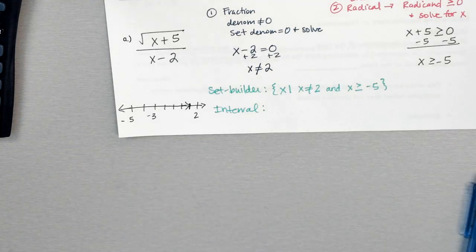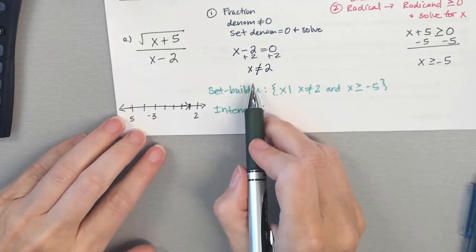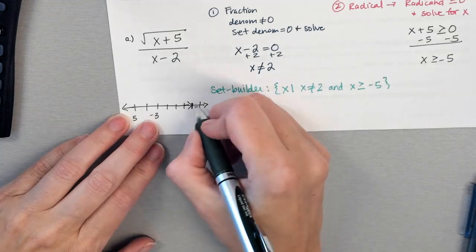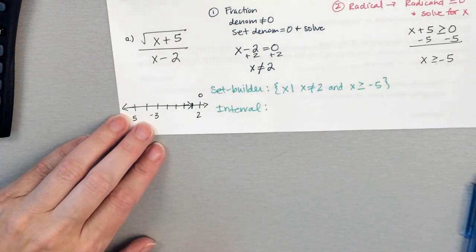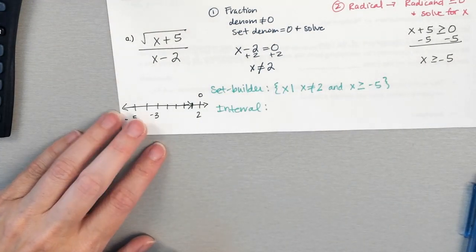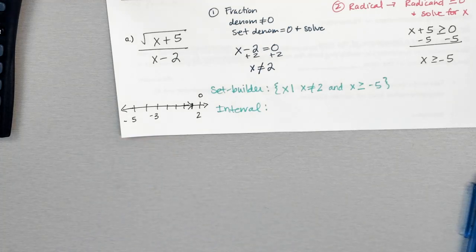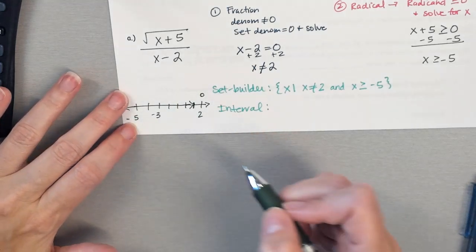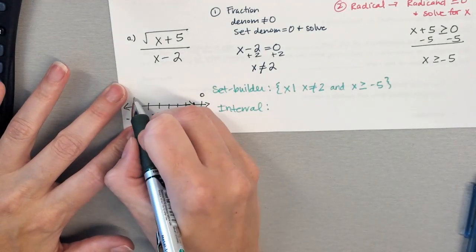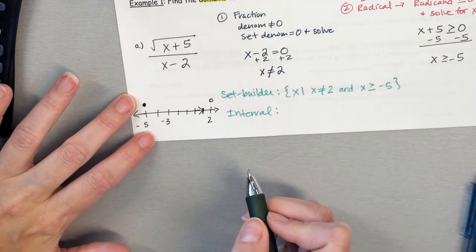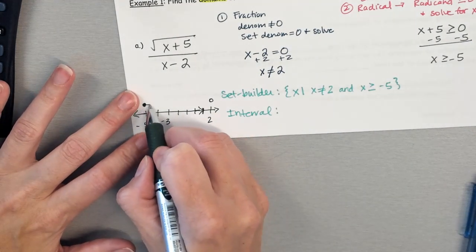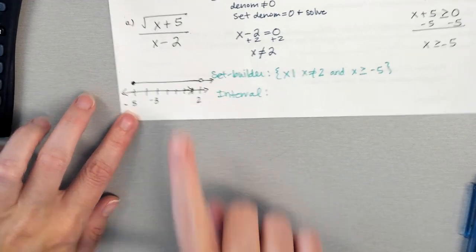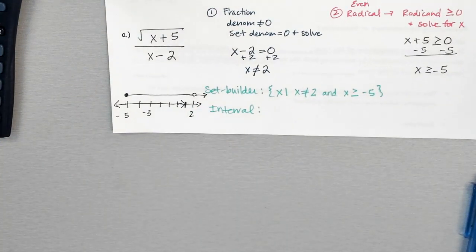If you have x cannot be 2, what you want to do is put an open circle there. With x greater than or equal to negative 5, because it's equal to, it would be a closed circle, and then it's going all the way to the right. But because it's going through that 2, you have to keep that an open circle there.